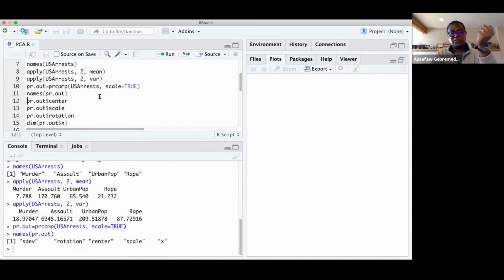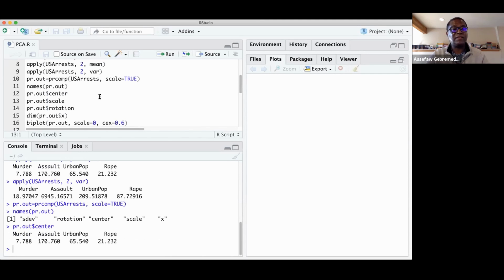Of these, the one called rotation is what we have been calling the loading vectors and their values. We're going to be using it quite a few times in the lines of code that we will do now. We can query to find out what each one of these means, which you can do on your own time, but let's get the values of each one of these.